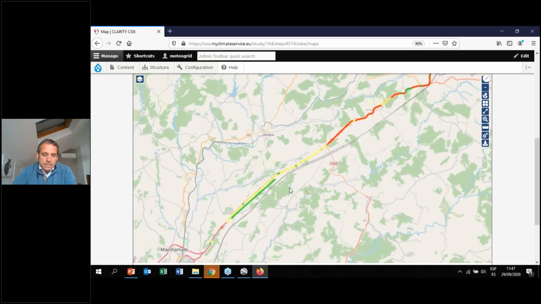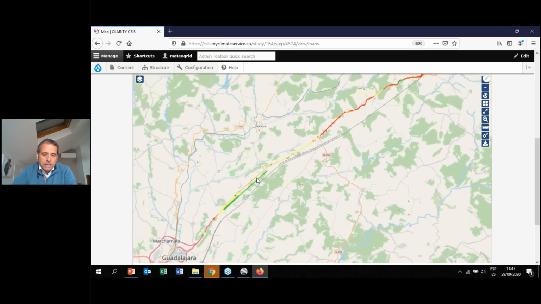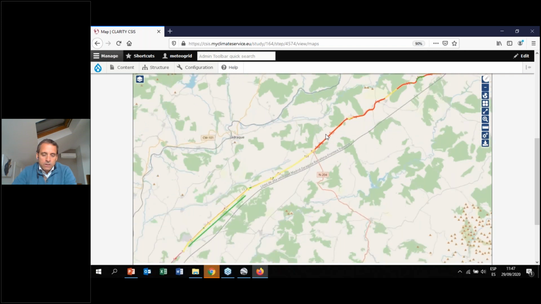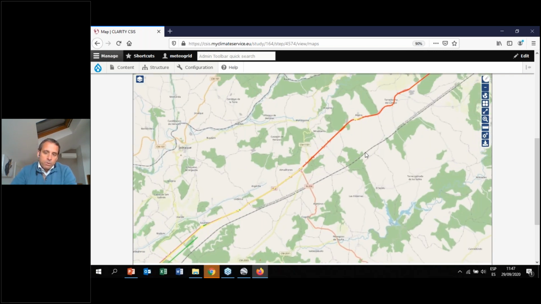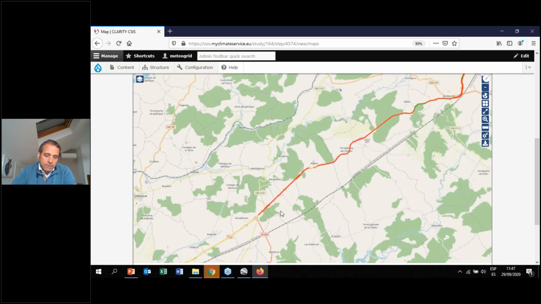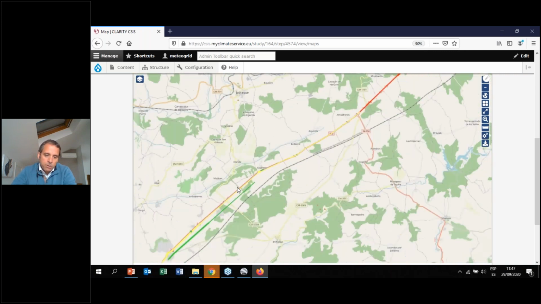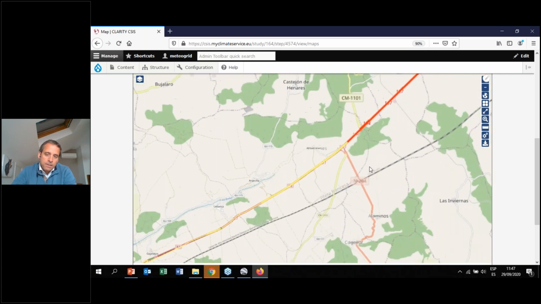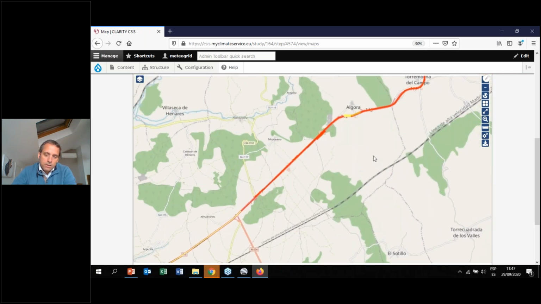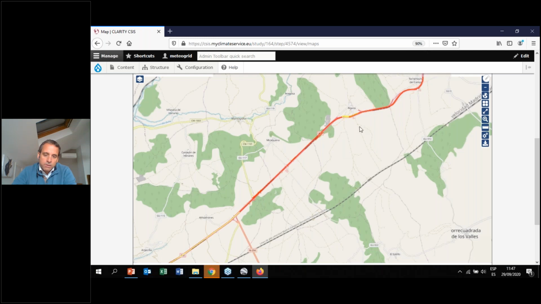So for example, in this case, according to the type of exposure point that we have defined, the system plots different colors where the risk is medium, high, or low, red for high risk.